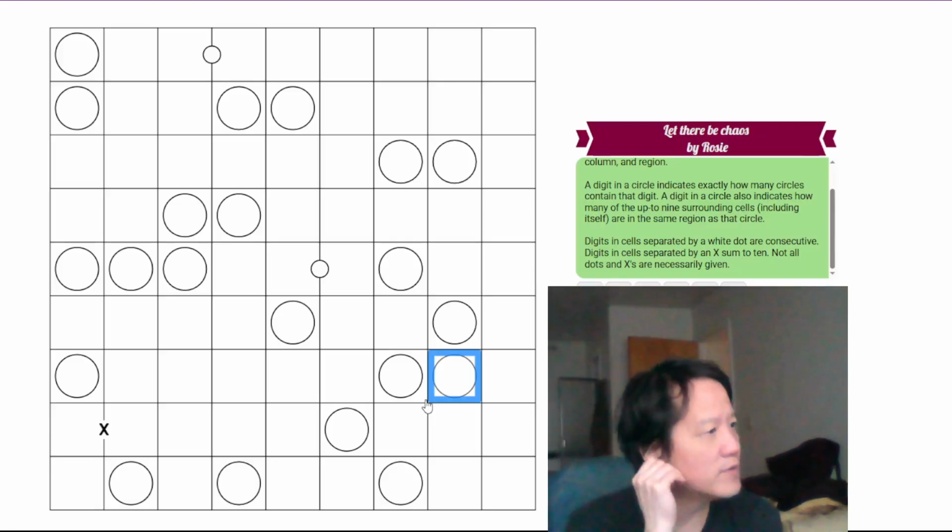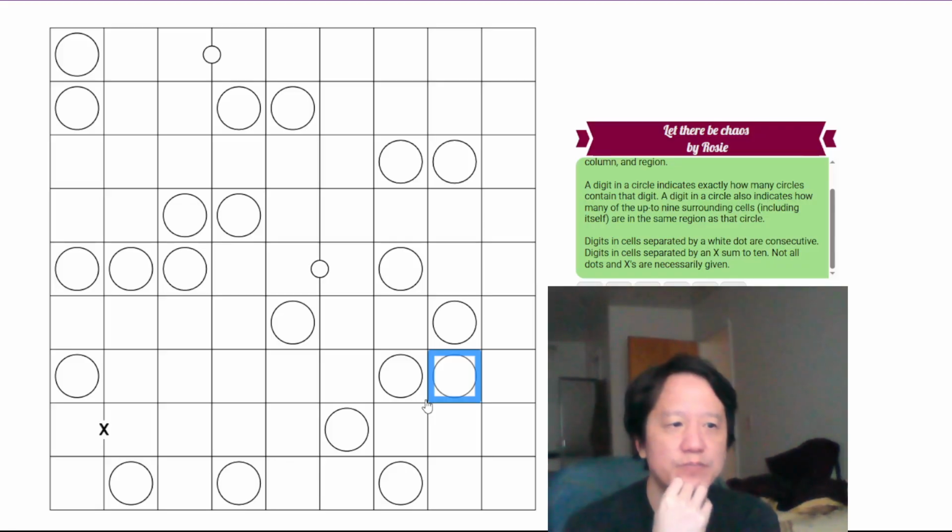And you have to have 4 of them be from 2 through 6. That means, I think it has to be 2, 3, 4, 5, and 7. Right. It has to be 2, 3, 4, 5, and 7 to add up to 21.